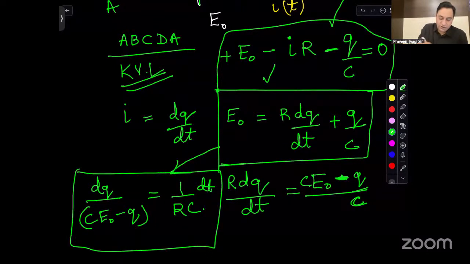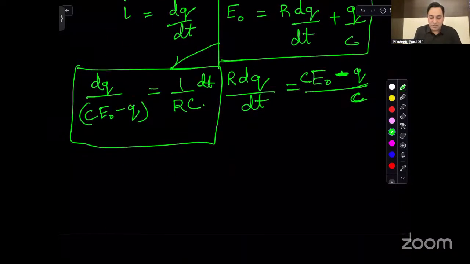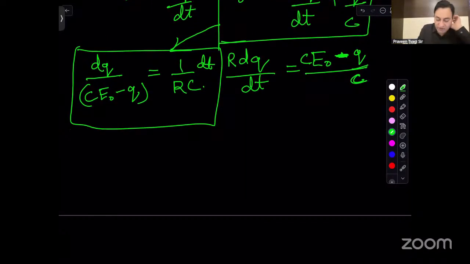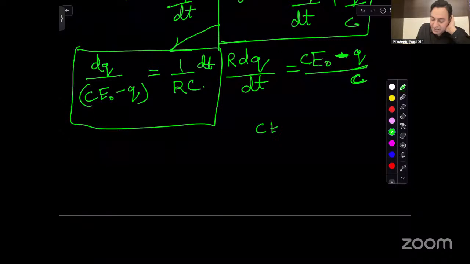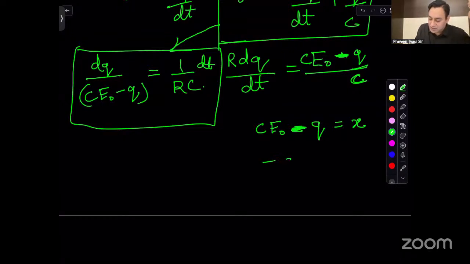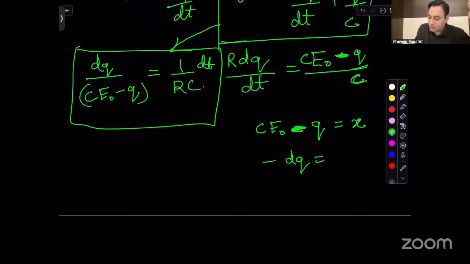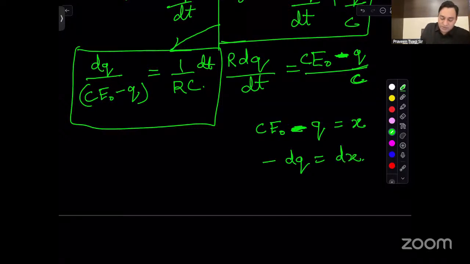Now, this you can solve, and you will get the result. C and E naught are constants. I put C E naught minus Q as some x. So minus dq will be equal to dx. Now it will be solvable.